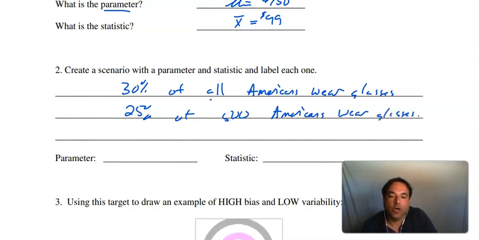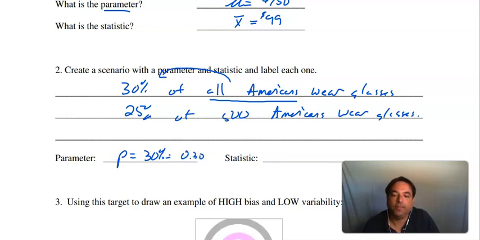So in that case, all Americans would be the population, and the number that describes that would be 30%. So the parameter would be 30%, but since we're talking about a proportion, we use P equals 30% or 0.30. The statistic, which is from the sample, 500 Americans, would be the 25%. So P hat would be 25%, which is 0.25.